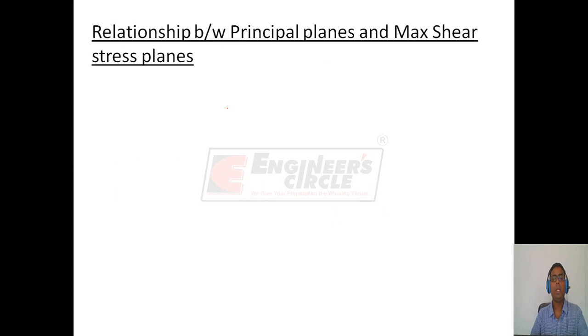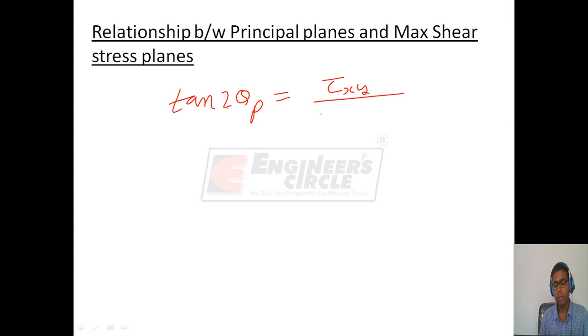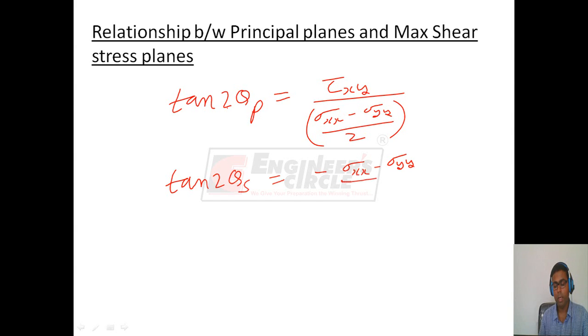Now let us find the relation between principal planes and maximum shear stress planes. We have found that the principal planes are given by this equation, tan 2 theta p equal to tau xy upon sigma xx minus sigma yy by 2, and the maximum shear stress planes are given by tan 2 theta s equal to minus sigma xx minus sigma yy by 2 upon tau xy.